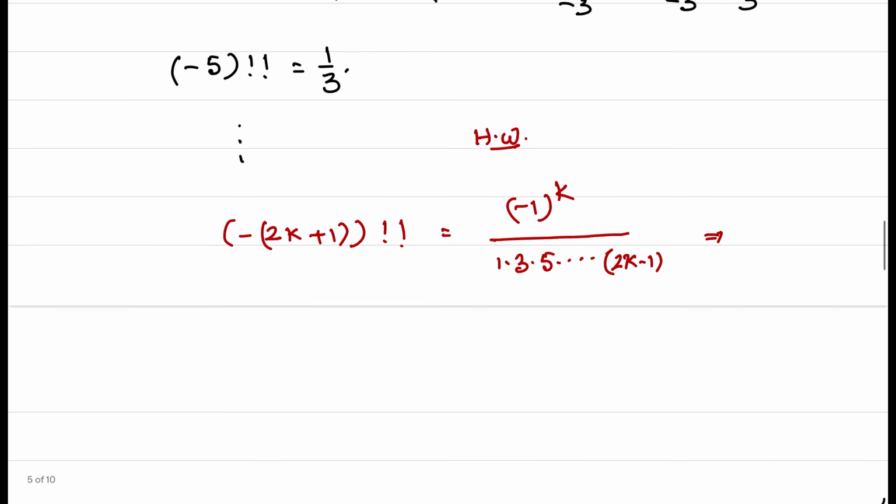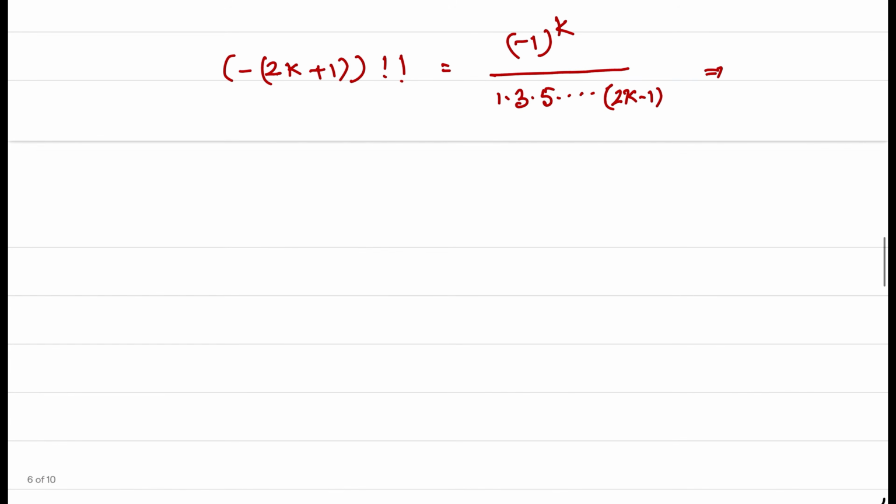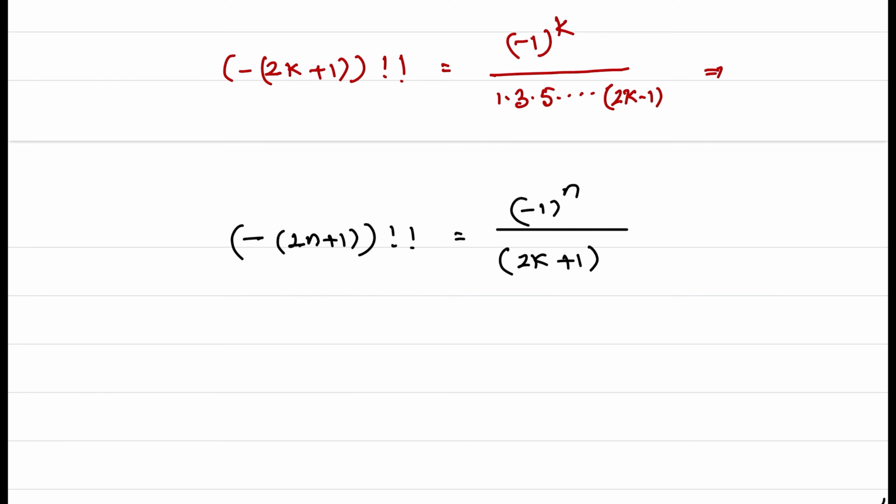That implies the final formula will be minus 2n plus 1 double factorial is equal to minus 1 to the power of n divided by 2n minus 1 double factorial.